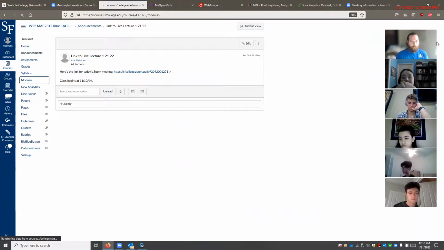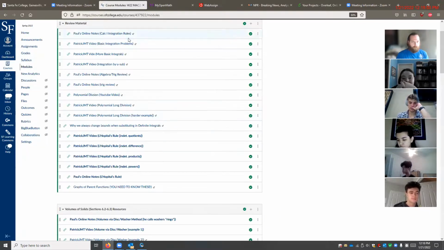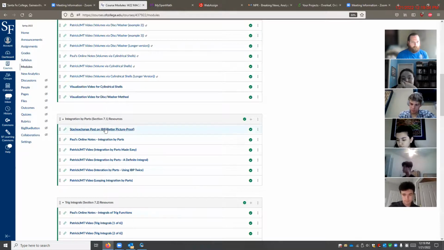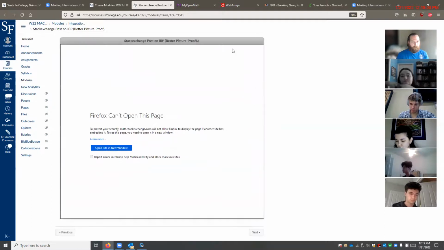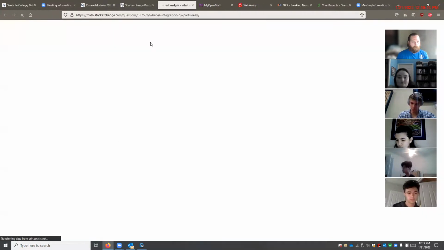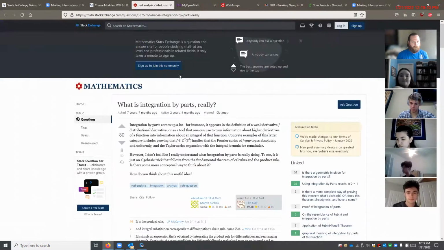If you scroll down, there's a review material module with everything you need, including a bunch of graphs you need to know, rules from Calc 1, trig review, all that good stuff. If you come down here, Stack Exchange post on IBP, a better picture proof. Oh, here it is. I just didn't want to open it in Canvas.